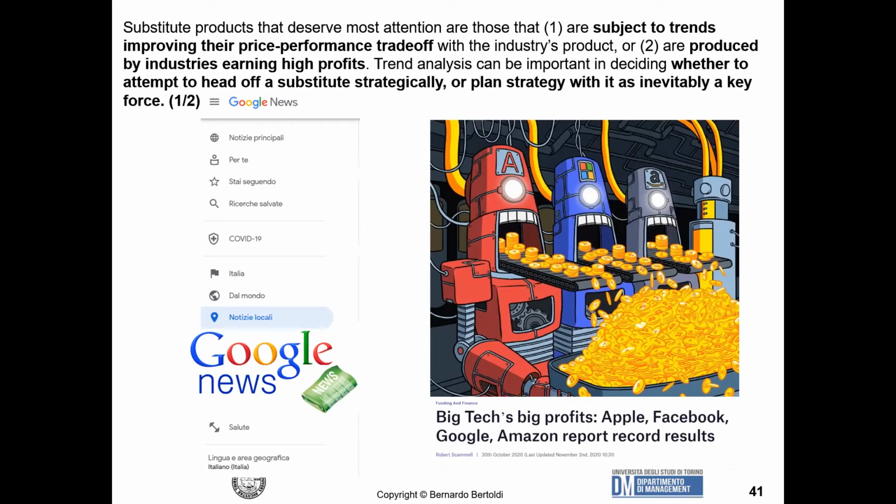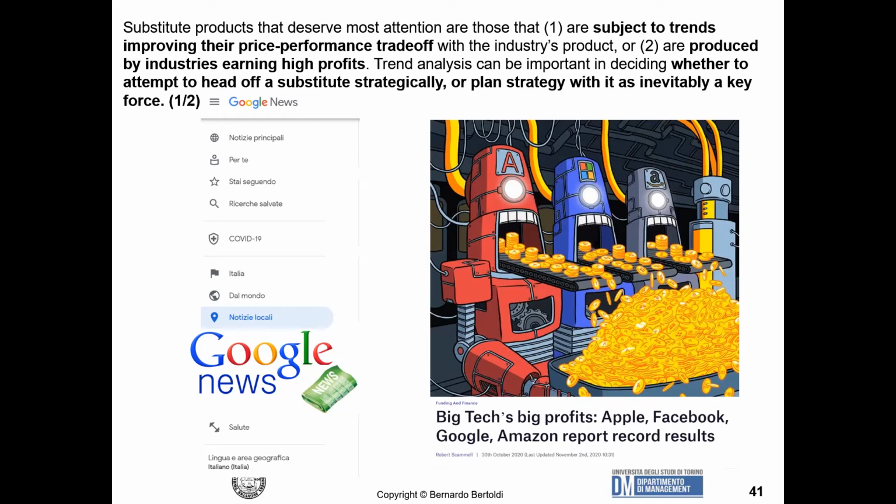He's saying that you always have to check substitute products and substitute potential industries. And the way you have to do it is to look at the price performance trade-off.